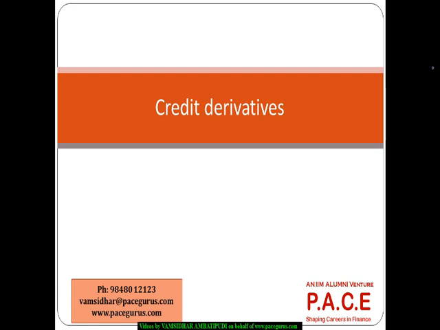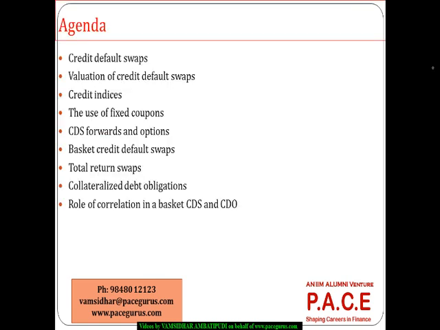Now, let's try to understand credit derivatives. In this session, I'm going to talk about one of the most prominent and popular credit derivative instruments, the credit default swap.